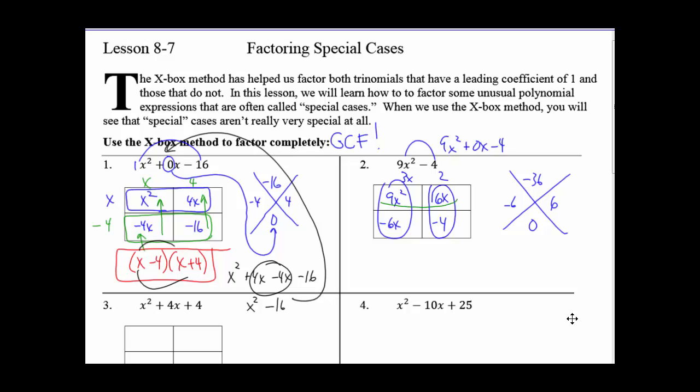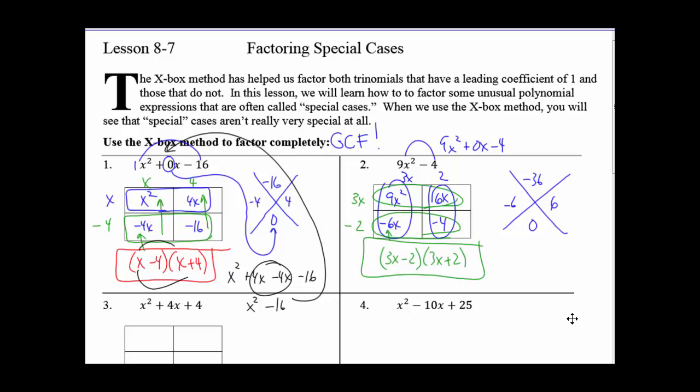If we go horizontally, 9x squared plus 6x, we can take out 3x. And if we look at this negative 6x minus 4, the leading coefficient is negative, so we need to take out a negative, and the biggest number we can take out is a minus 2. So we write those down now: 3x minus 2 times 3x plus 2. That should give us our answer.